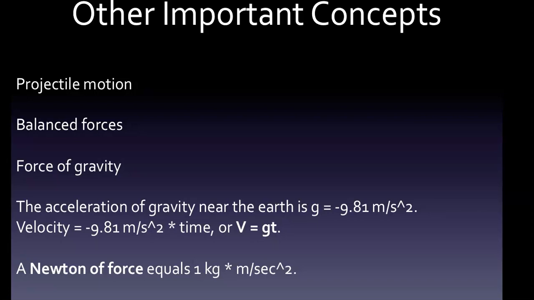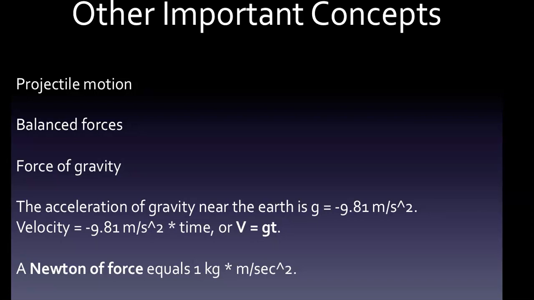The acceleration of gravity near the Earth is negative 9.81 meters per second squared, and velocity is that same number, negative 9.81 meters per second squared, times time, or what's usually written as v equals gt, with g being gravity.